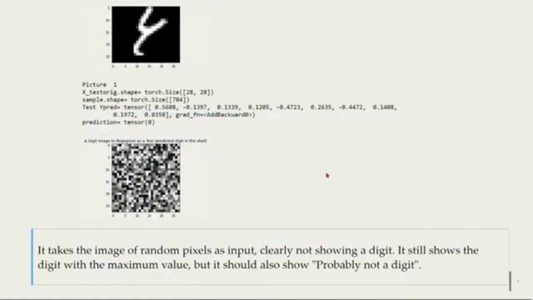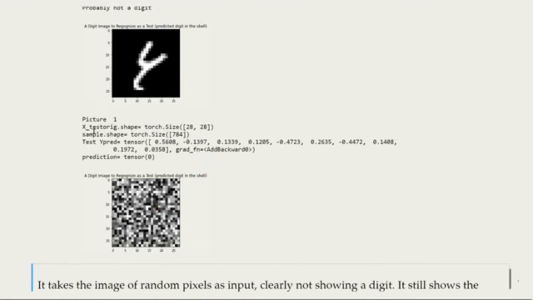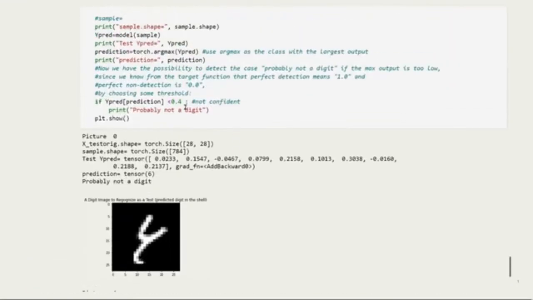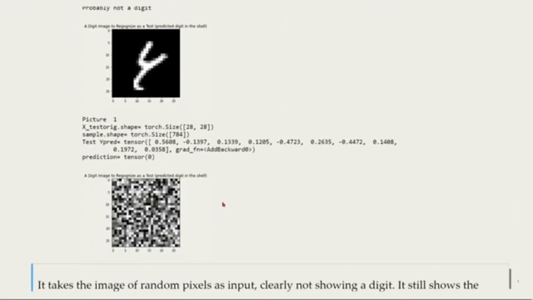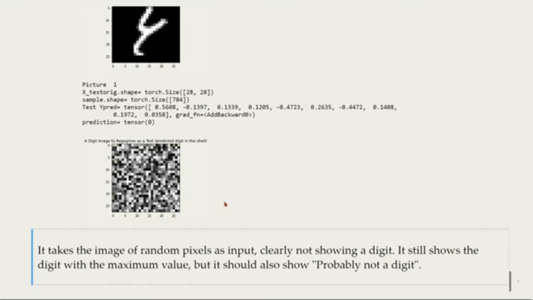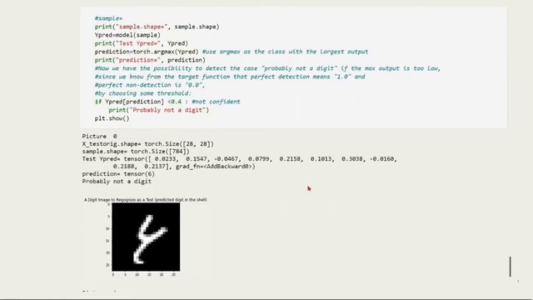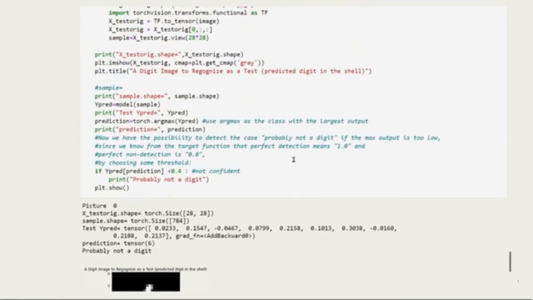And finally, we are also feeding an image of random pixels as input, and we see that it's not a digit, but our model thinks it's a 0, and we have a value that is higher than the threshold for the confidence that we set, so the model predicts it to be a 0. So we need to be very careful in interpreting the results and setting correct thresholds.